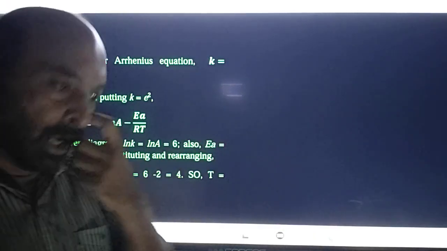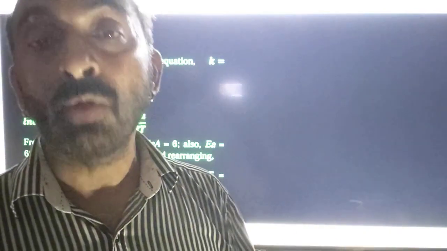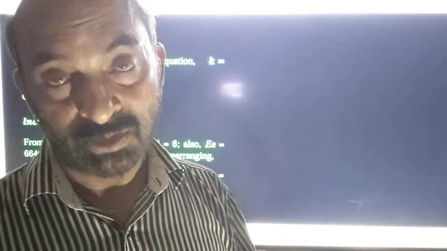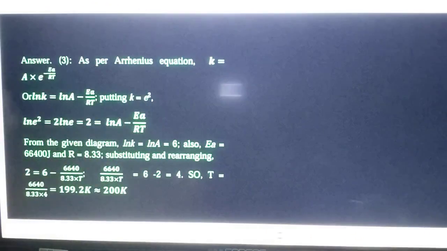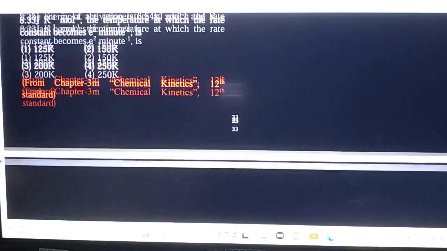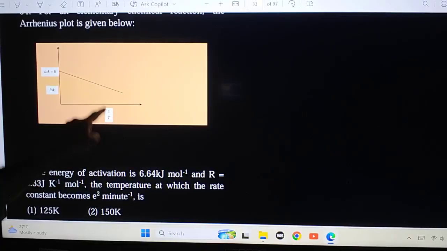That you have to remember. What is the Arrhenius parameter A actually? It is the highest possible value of the rate constant when temperature tends to infinity. Look back to the plot. When T becomes infinity, 1 by T tends to 0, so you go back on the x-axis and meet the origin.